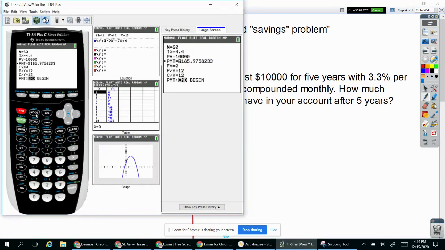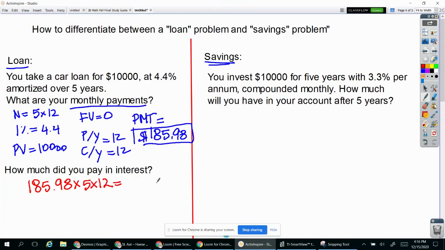If I exit this solver, I have $185.98 times 5 times 12, that's $11,157.60.